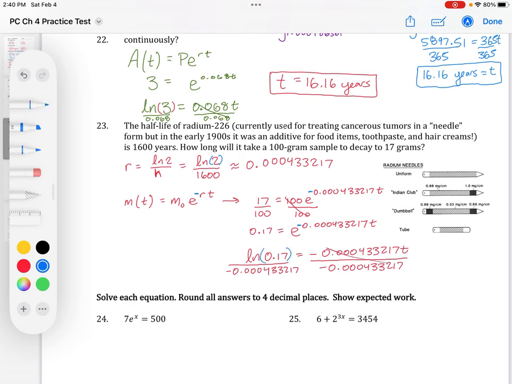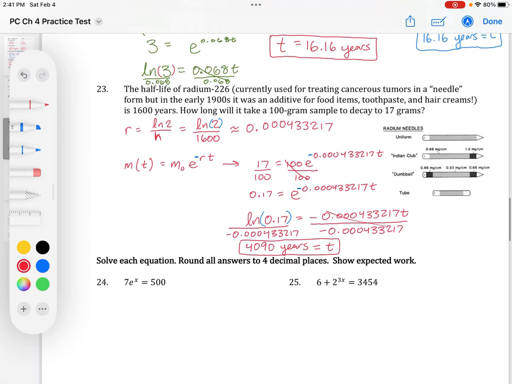If you plug that in your calculator, remember to close up that parenthesis, and you end up with about 4,090 years for your time. So that takes quite a long time. And if you forget that negative, you'll end up with a negative amount of years, so you'll know you just forgot the negative when you divided.